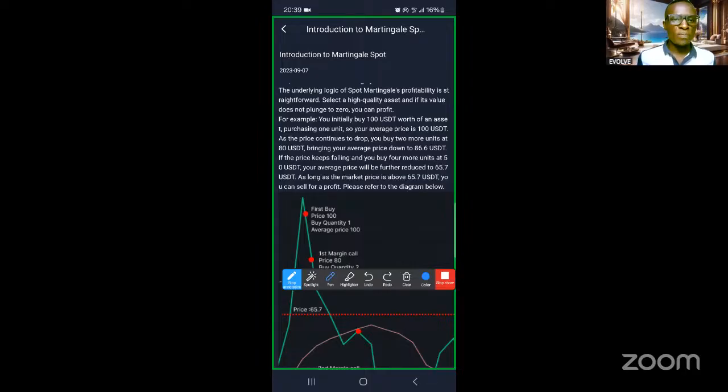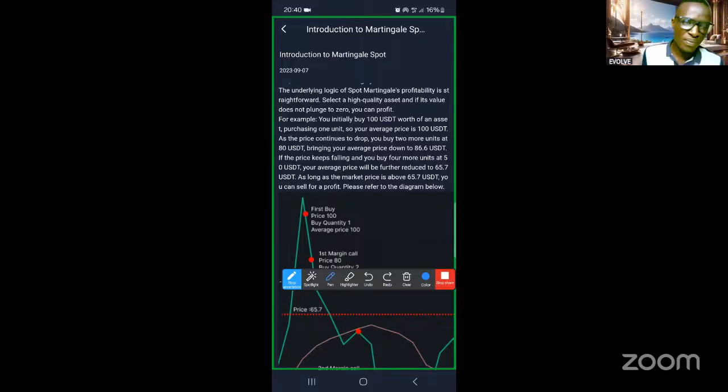What do they do? Number one, Royalq tells you, select a high quality asset. So the first thing is to select a high quality asset. By simply saying select a high quality asset, they are also telling you that there are low quality assets.